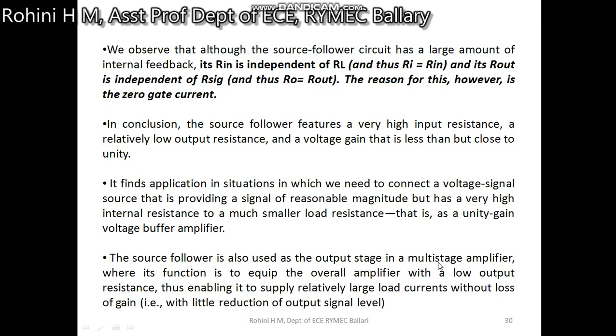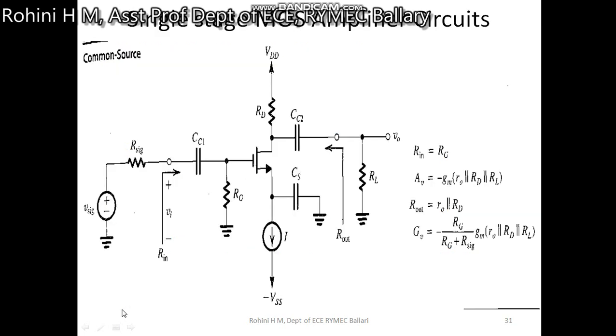In that case also we make use of the source follower, where its function is to equip the overall amplifier with a low output resistance, thus enabling it to supply relatively large load currents without a loss of gain. This is the purpose for which we use a source follower.